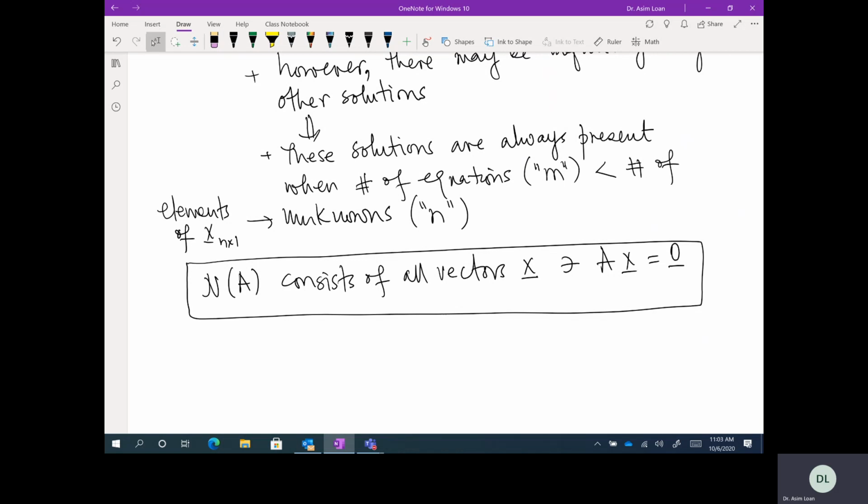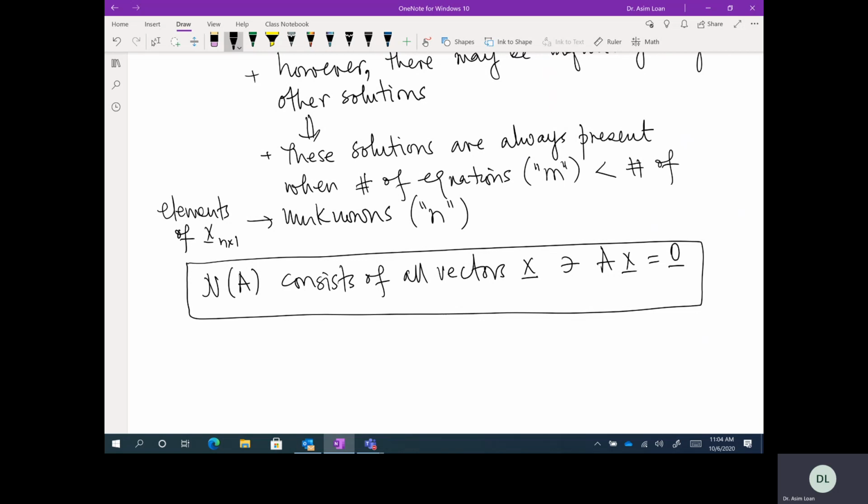If you want to know whether a set spans a vector space, you take all linear combinations. And we'll see in a little while that the null space also determines the independence of the vectors. If you want to find whether the vectors are independent or not, you find the null space, which is simply the set of all solutions of Ax equals 0.